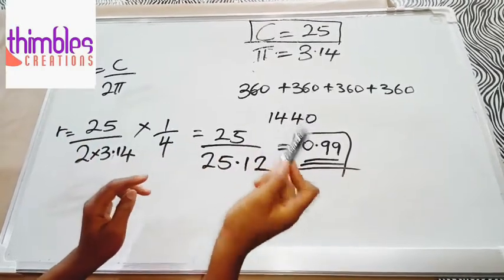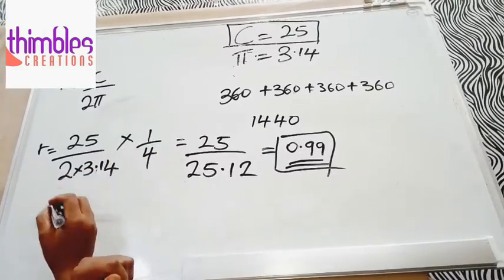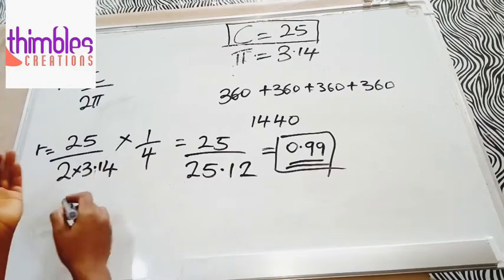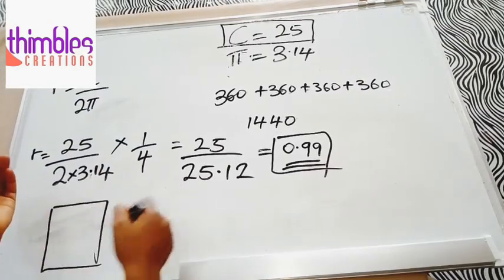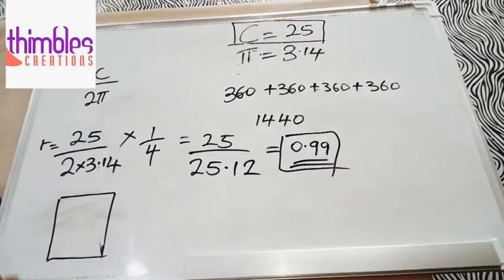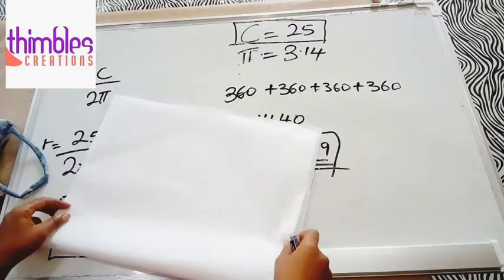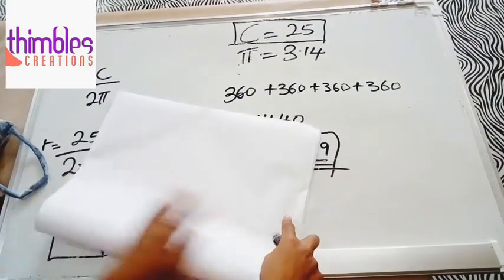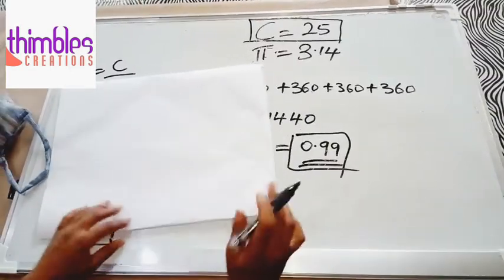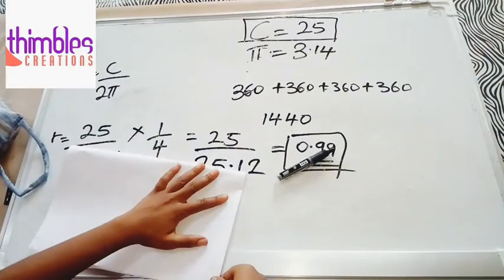Now for this one, I am still not going to demonstrate it. I want to see you do it, but I will just tell you how to do it. First, you know the way you cut your 360 degrees flare. You get your first paper and fold it into 4 equal parts. This is my first paper. I fold it into 4 equal parts. This is the first, and this is the second.